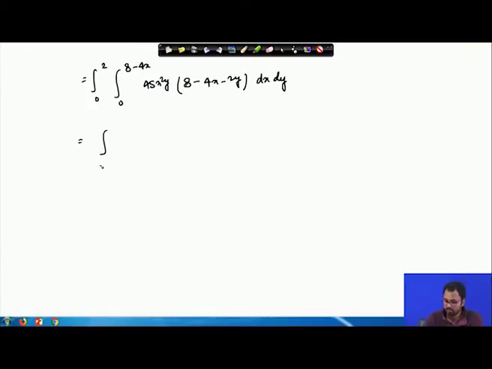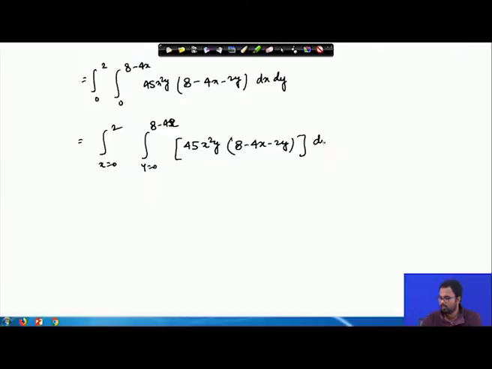So, x runs from 0 to 2, y runs from 0 to 8 minus 4x, and the integrand is 45 x square y times (8 minus 4x minus 2y) dy, and then we integrate with respect to x.